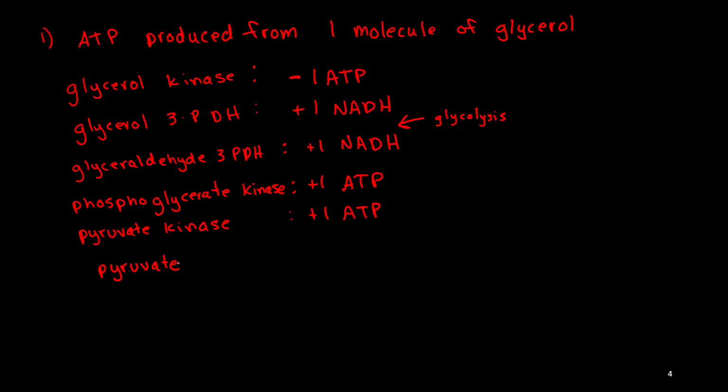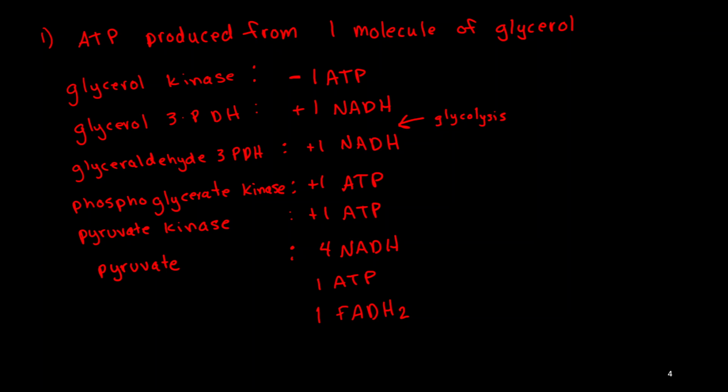Pyruvate dehydrogenase and the citric acid cycle. When you go through that, you're going to have 4 NADH being produced. You're going to have 1 ATP equivalent being produced because you get a GTP out of the Krebs cycle, but that's equivalent to an ATP, and you get 1 FADH2 being produced.